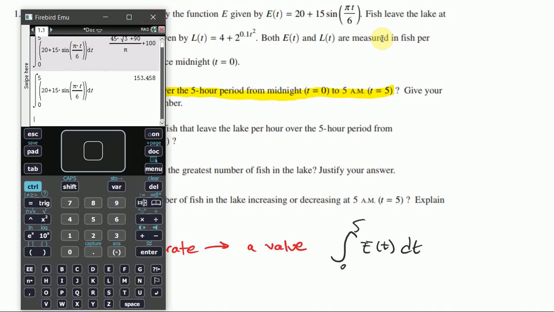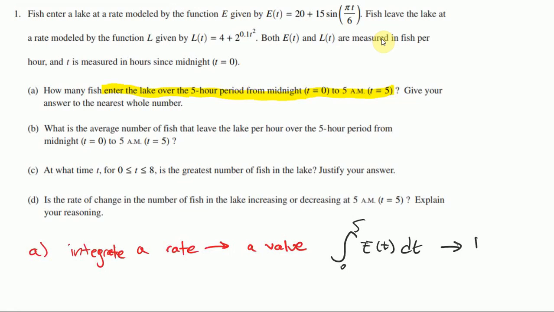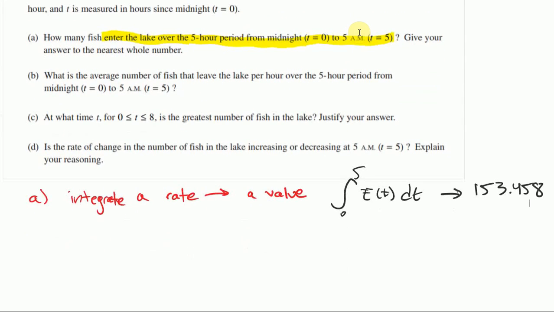So let me just write that down. 153.458. To the nearest whole number, that will be 153.